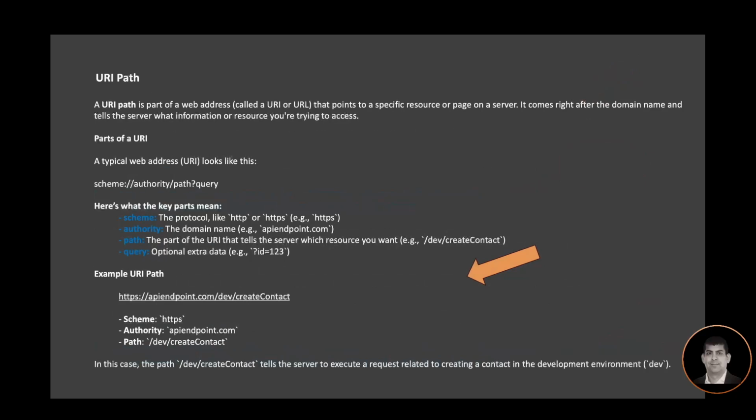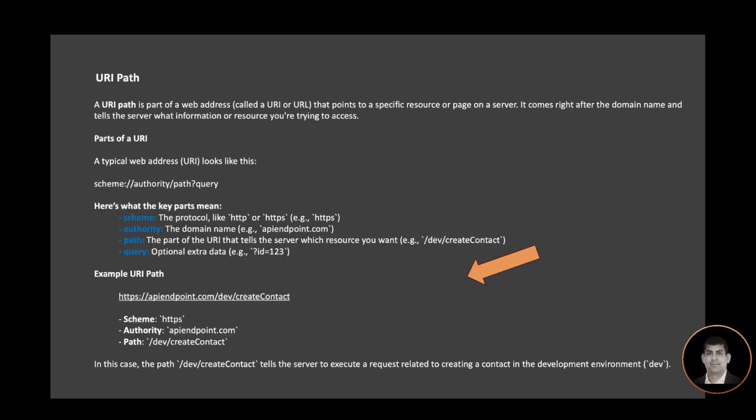Let's also look at the URI path, just so it's clear what exactly URI means. The URI path is a part of a web address, called a URI or URL, that points to a specific resource or page on a server. It comes right after the domain name and tells the server what information or resources you are trying to access. Typically, there are 4 parts of the URI: scheme, authority, path, and query.